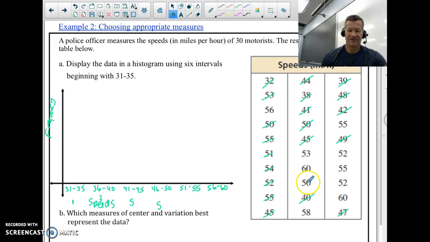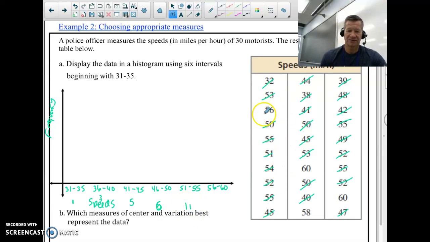Oh, I missed a 50. Let's add one of those. All right, let's start counting these 51 to 55 again then. 1, 2, 3, 4, 5, 6. I already had that. 7, 8, 9, 10, 11. Holy smokes. 11 people clocked from 51 to 55.